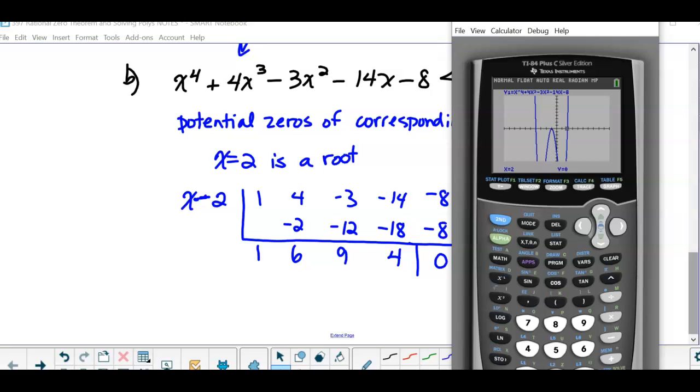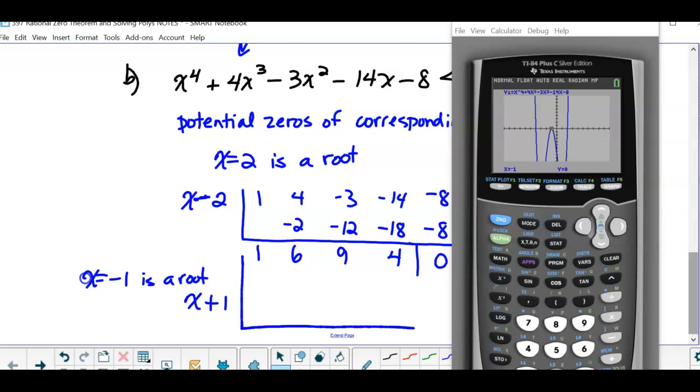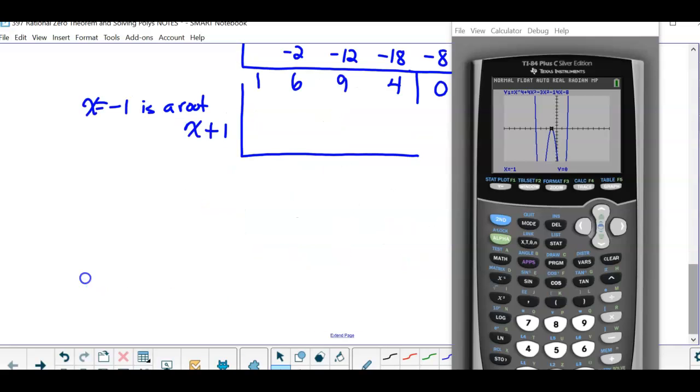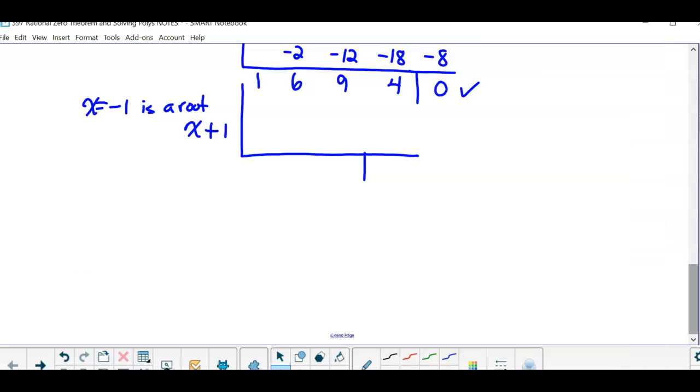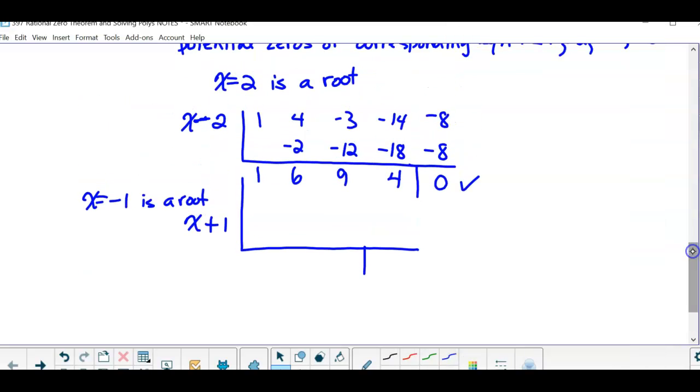Maybe another one at -1. So trace -1. Okay, or you could do the -4, it doesn't matter. So x equals -1 is a root. Then we'll divide by x plus 1. And you can just extend your synthetic division chart if you like, or you can draw a new one.